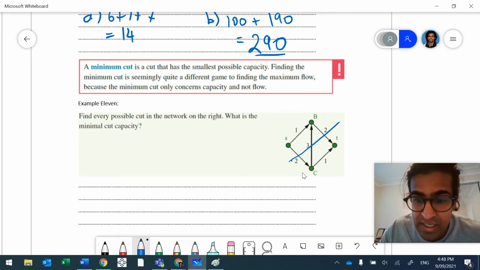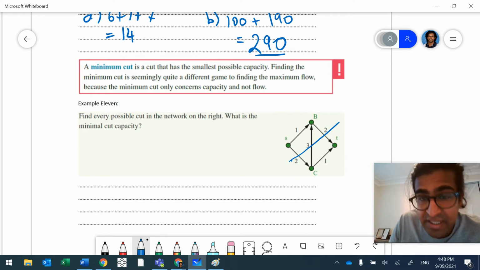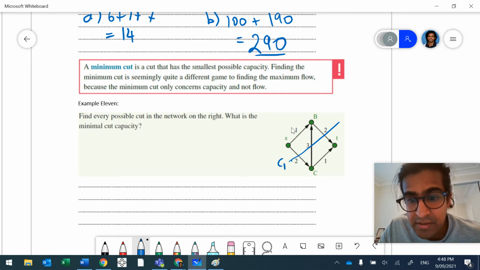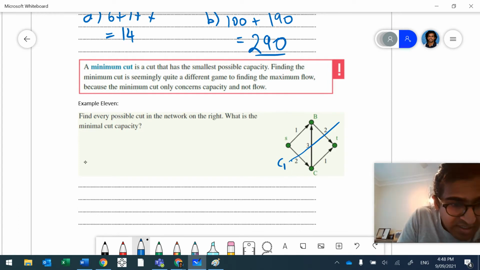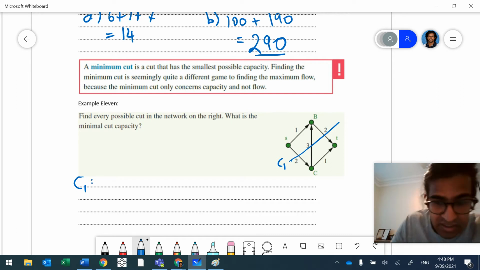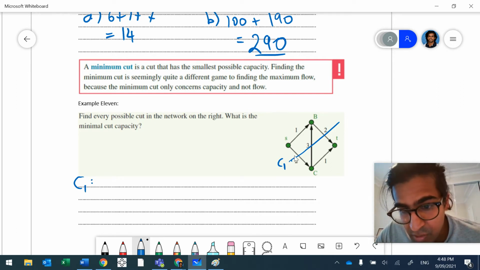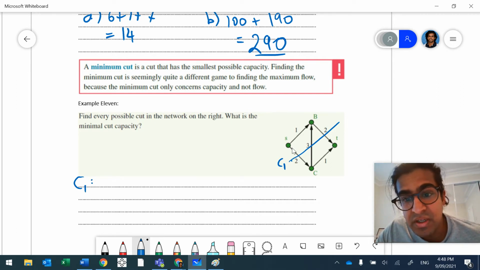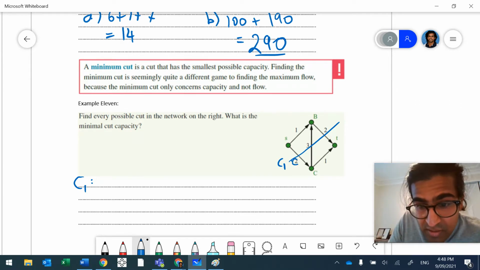Now, what's the capacity of this cut? Well, seeing as there are going to be quite a few cuts that we're going to make, I'm just going to call this C1 for cut 1. And remember, we're only adding numbers that go from the source to the sink. So we can add this one.